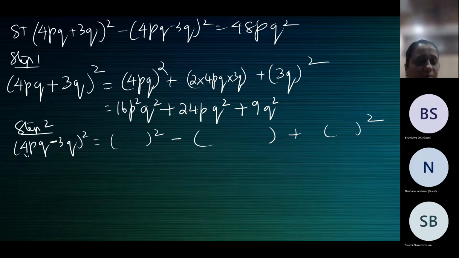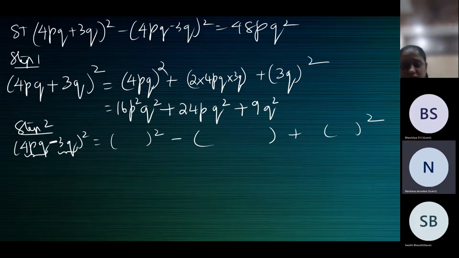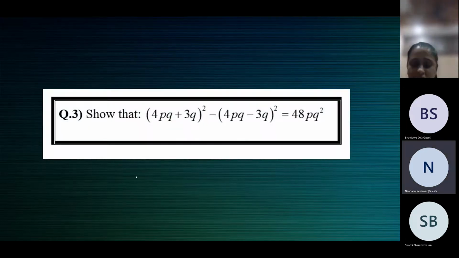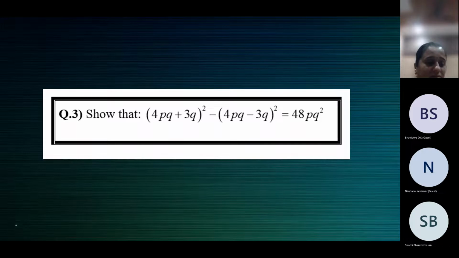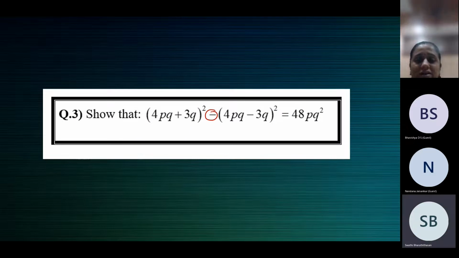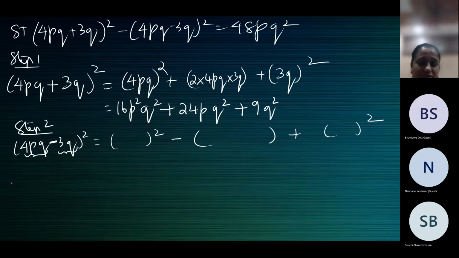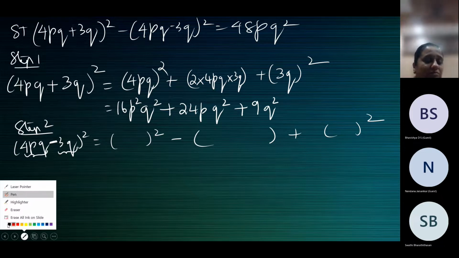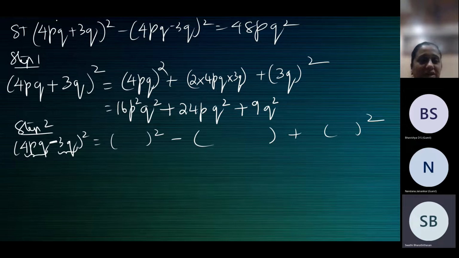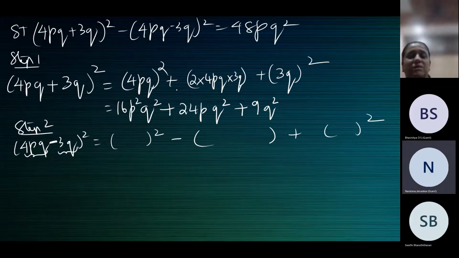This is one term. 4pq is one term. 3q is the other term. And there is a minus in the middle. There is no need for the distributive property. Oh, you're talking about this minus. Yes, your question is very meaningful. That we will distribute. I'm not taking the minus sign at all now. You're right, Swati.